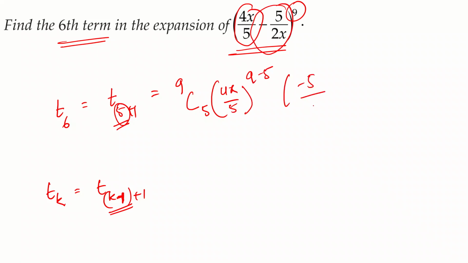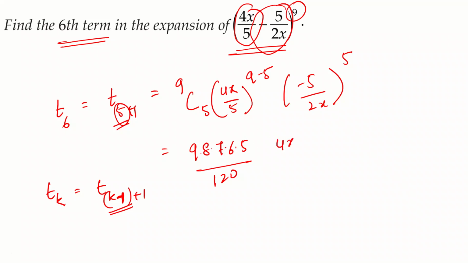Remember that I include this minus in the second term itself, so in the power of this we'll have just the leg. Alright, so 9C5 we'll have to evaluate. It will be 9 times 8 times 7 times 6 times 5 divided by 5 factorial, which is 120. Then 4x by 5 whole to the power of 9 minus 5, which is 4.